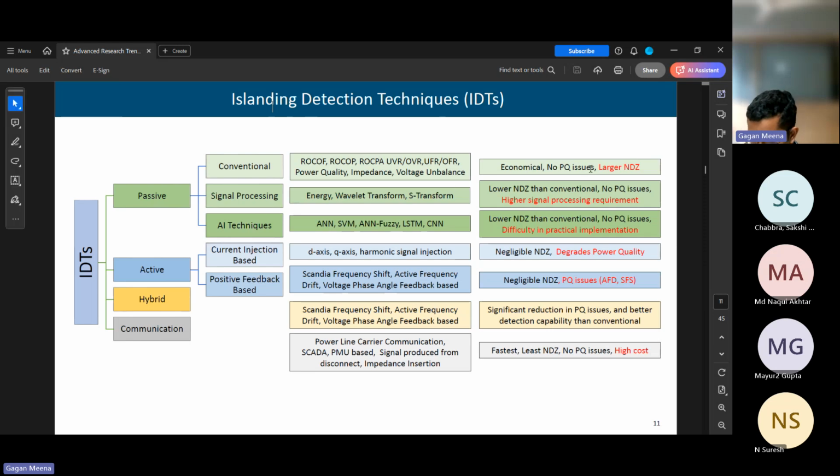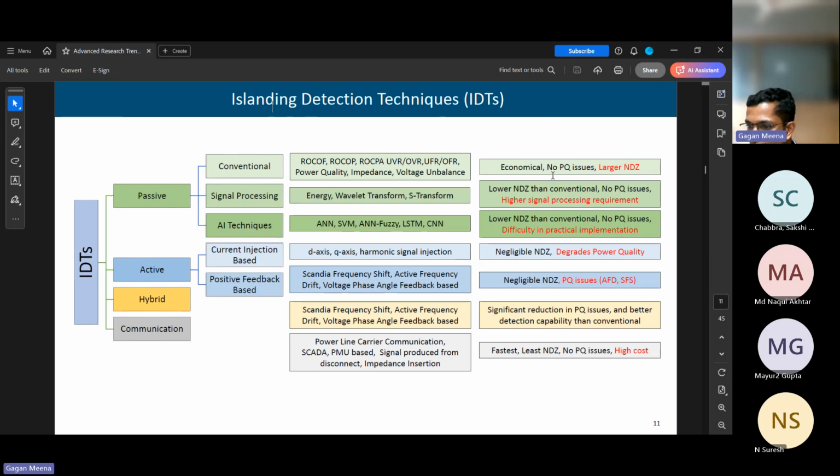If it is more than the threshold, then we say that it is an islanding event. And if it is less than the threshold, then it is not islanding. These different electrical quantities and parameters are given here. These can be voltage, current, even impedance, and their positive and negative sequence values also.